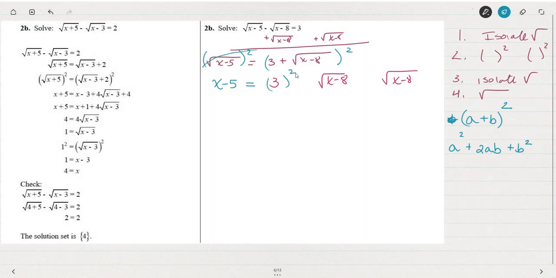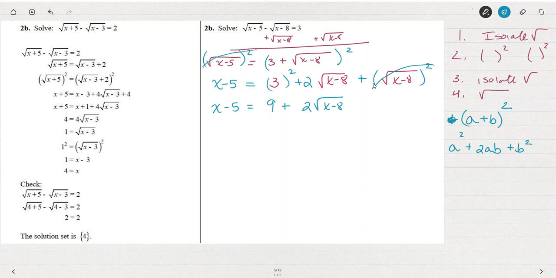So the first term squared plus twice the second term plus the last term squared. When I simplify that, 3 squared is 9. 2 square root of x minus 8 doesn't do anything, but here you can see that we've eliminated one of the square roots because the square of a square root gives us the radicand. So we just get the x minus 8.